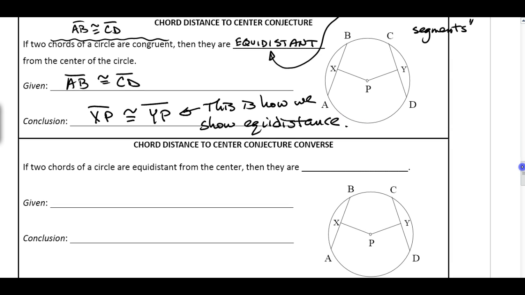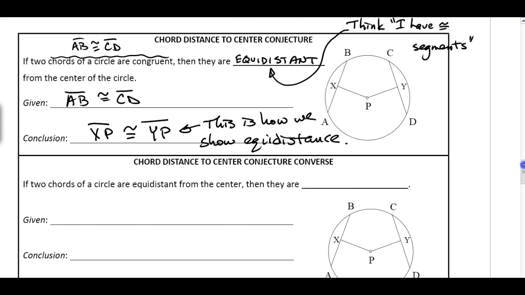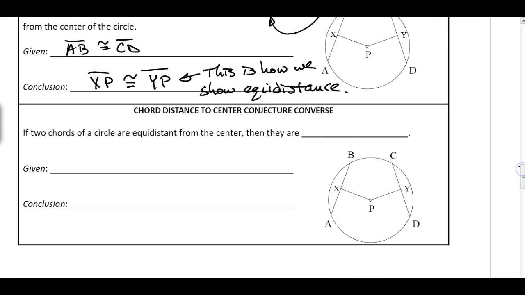Alright, and then the chord distance to center conjecture is really just the converse. If two chords of a circle are equidistant from the center, so now we're starting out with PX congruent to PY, then they are congruent.